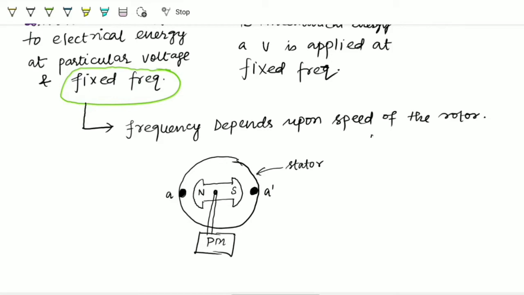For example, if this rotor is rotated one time in 1 second, then we will have only one cycle of the generated voltage.